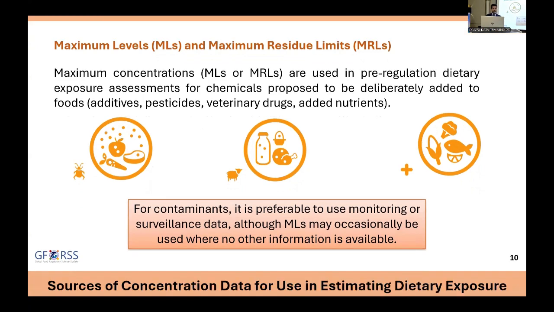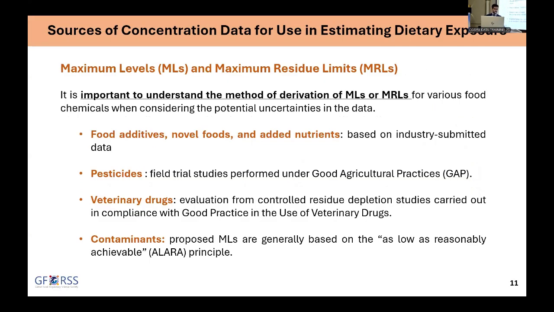Now, the different sources, as we said, we can have different sources of those occurrence data. As presented by Professor Sam, by Dr. Karima, why not use maximum levels or maximum residue limits in a lot of situations? We're not supposed every time to access newly generated data coming from, let's say, a monitoring and surveillance plan or total diet studies.